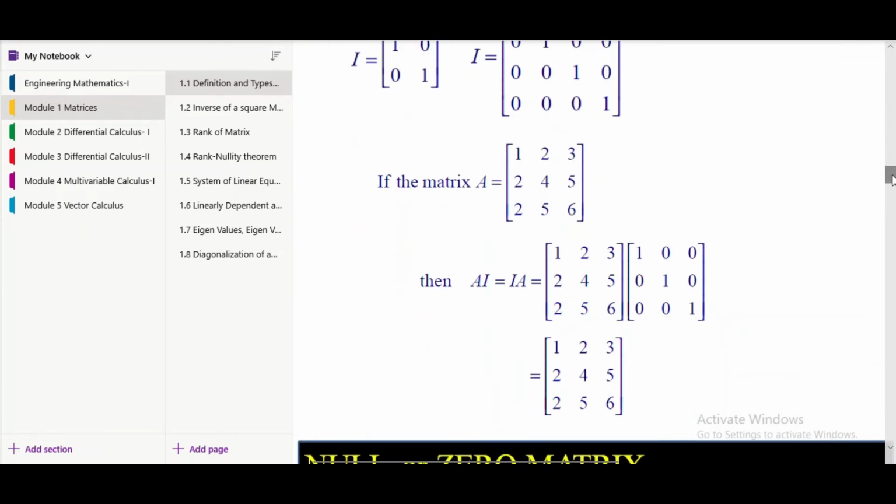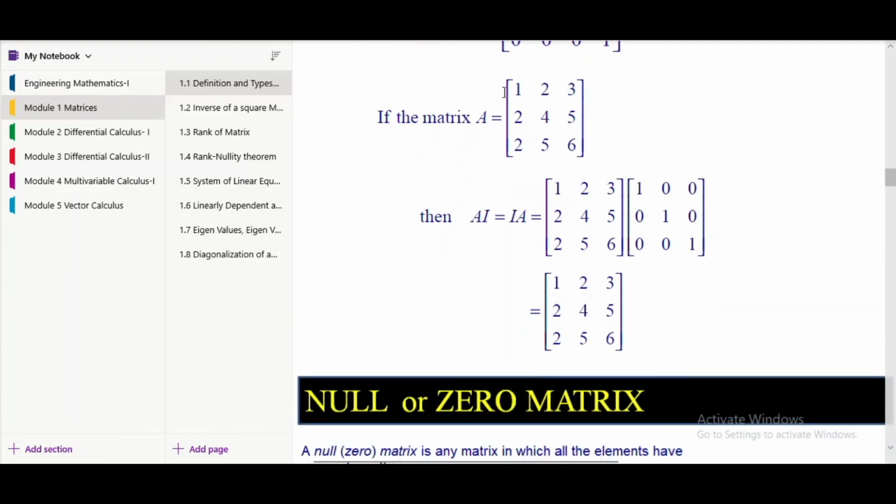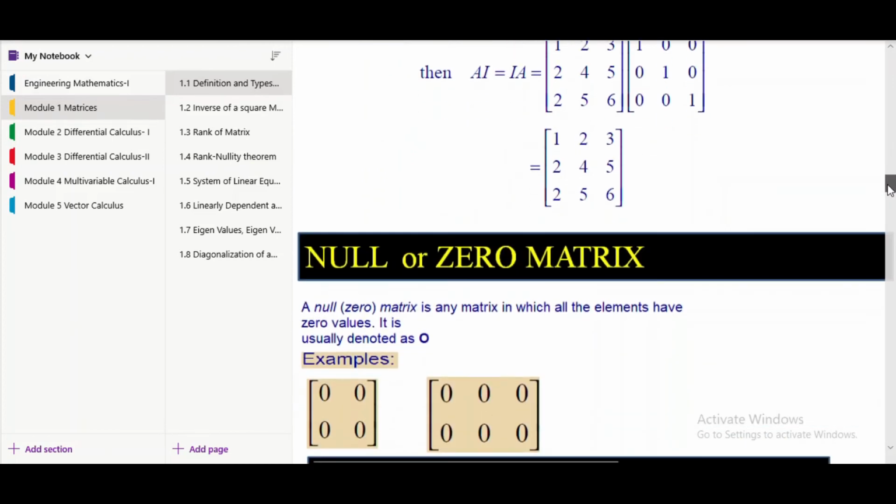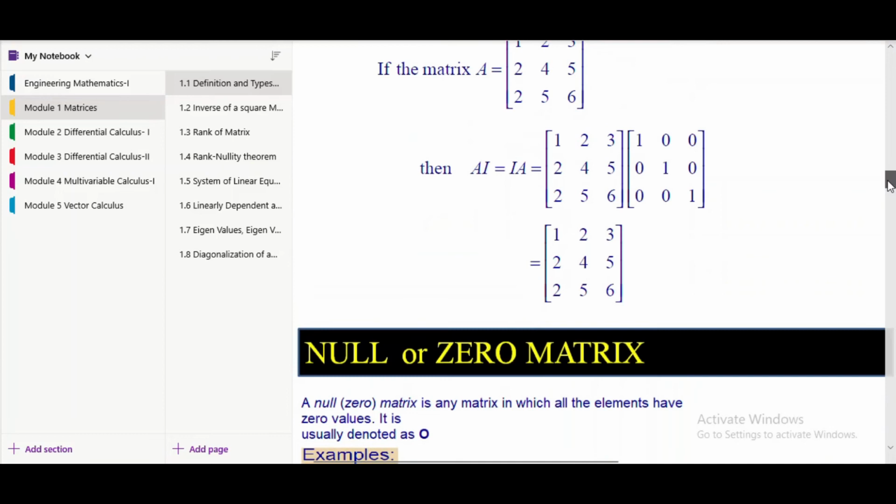If the matrix A is given by 1, 2, 3, 2, 4, 5, 2, 5, 6, which is a 3 by 3 matrix, and we multiply A by the identity matrix of the same order, then the result will be A. Matrix multiplication is well known to all the students because they learned about matrix addition, subtraction and multiplication in the previous class, 10 plus 2. So all of the students must be familiar.